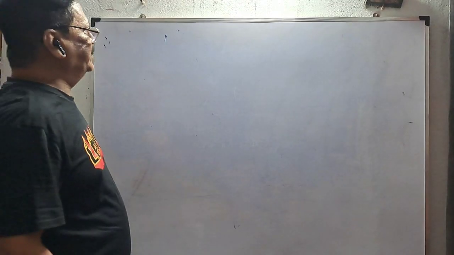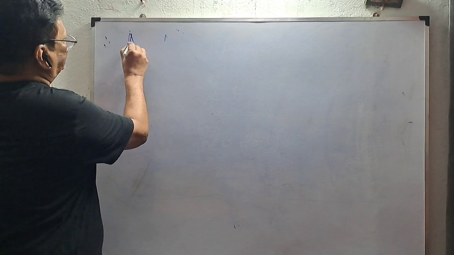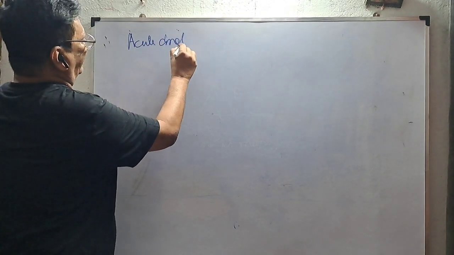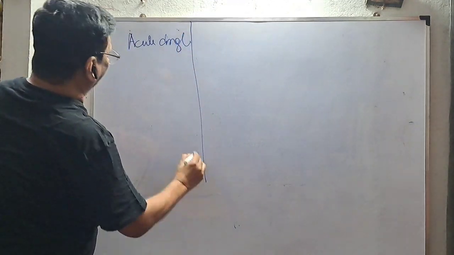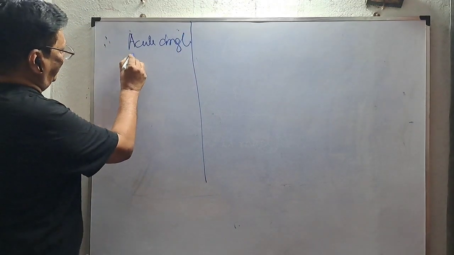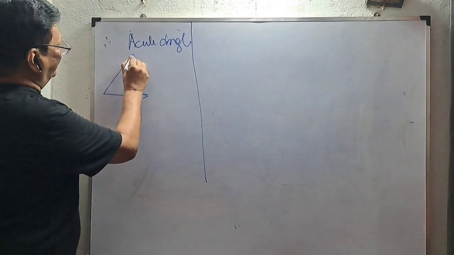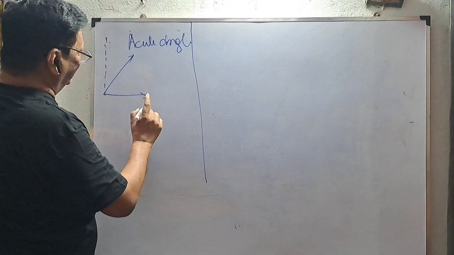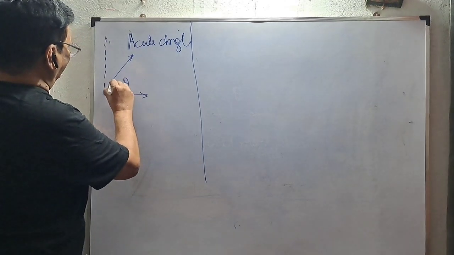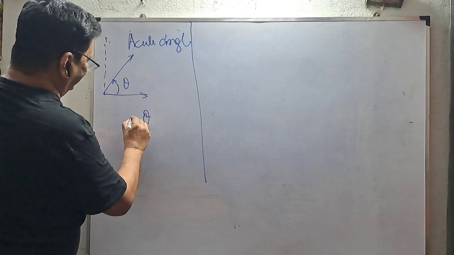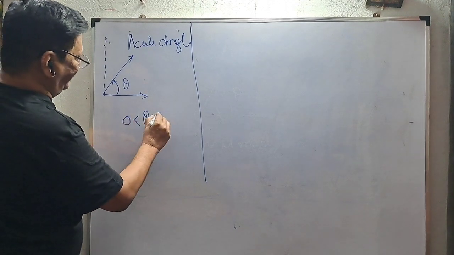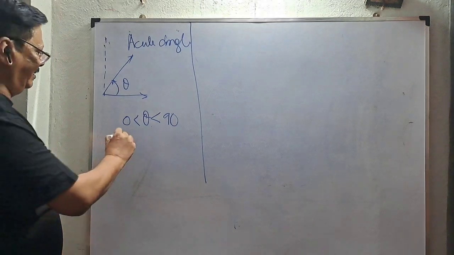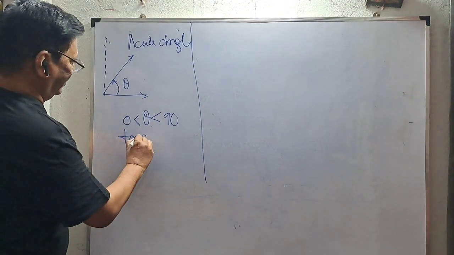Now in angles we have the acute angle. That is something like this. You can see that it is less than 90 degrees. Therefore, if it is theta, theta will be less than 90 degrees for an acute angle.